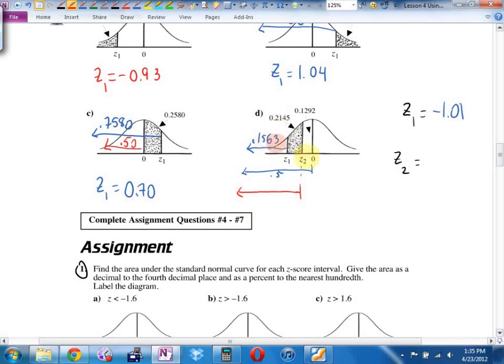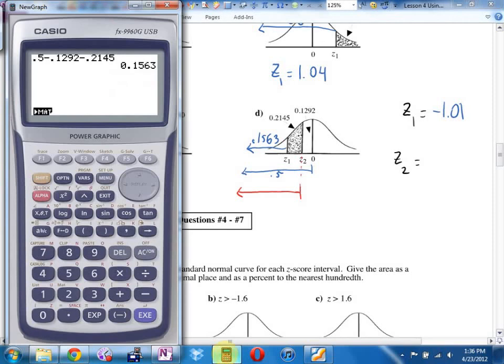Or, Nicole, I could go 0.5 minus that, because 50% minus that would also give me that. I'll do that because it's less typing. 50% minus 0.1292, 0.3708.